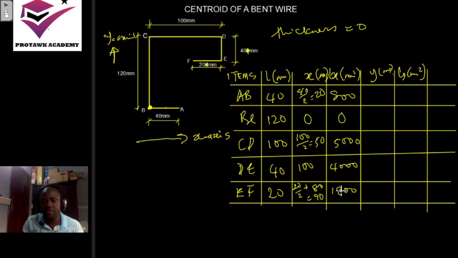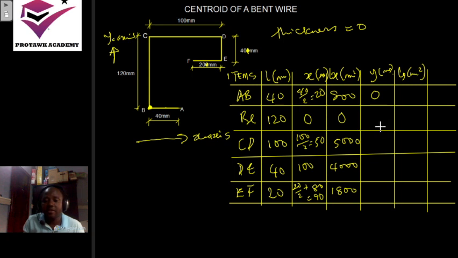So we'll consider the centroidal distance along the y-axis. AB lies directly on the x-axis, so it is aligned at the point of 0 and doesn't have any perpendicular distance. So it will be 0, since the bent wire has no thickness.